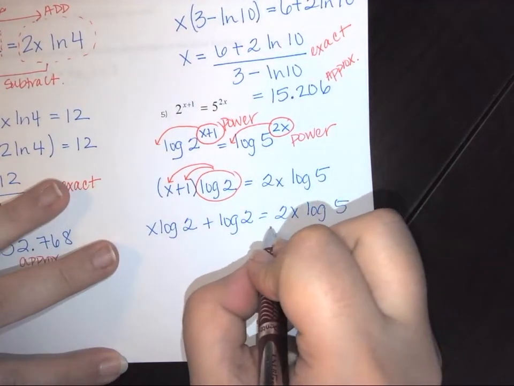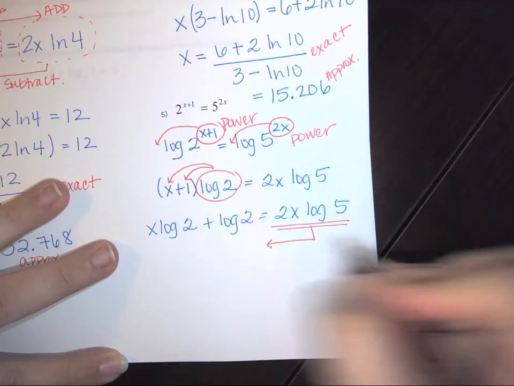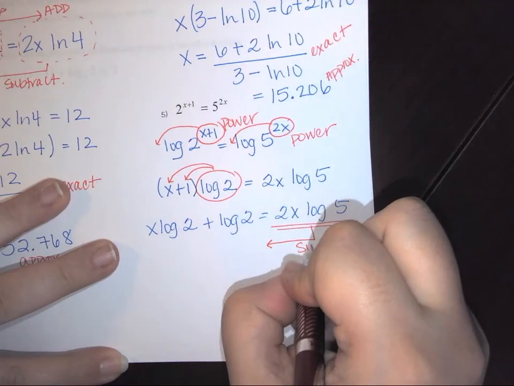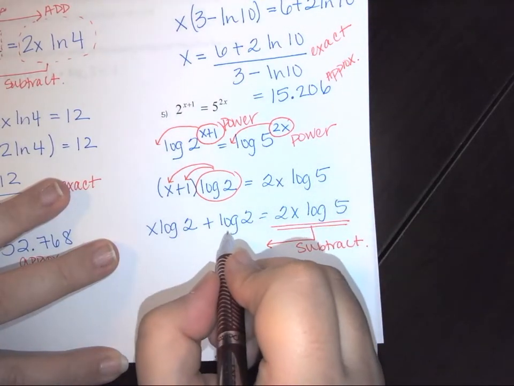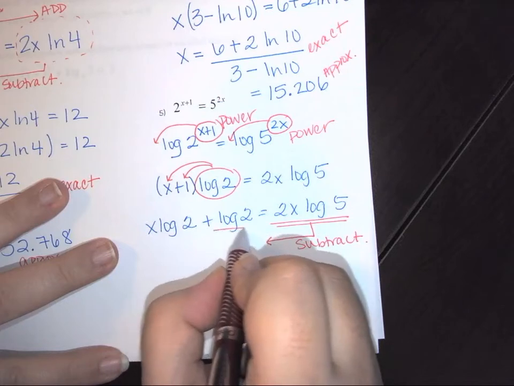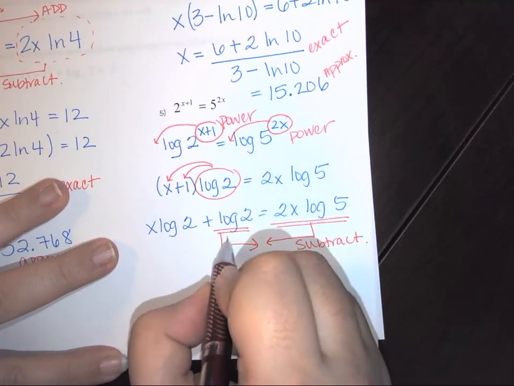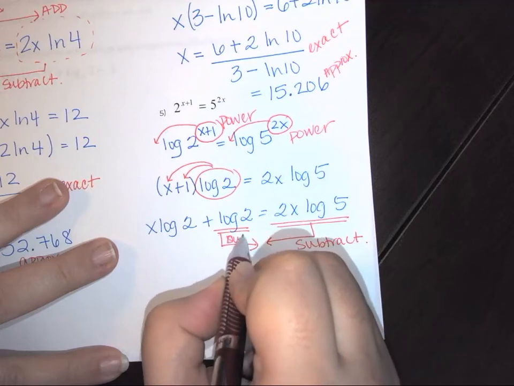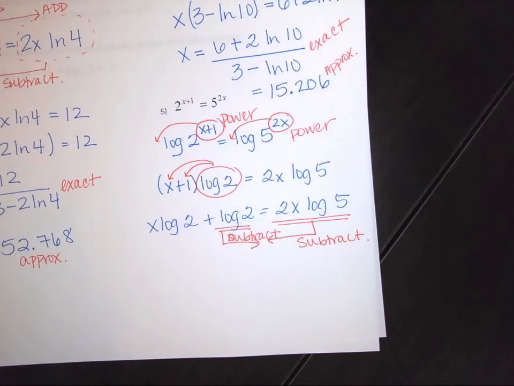I need to take my 2x log of 5 and move it that direction through subtraction. And I have to take this log of 2 and move it this way, again through subtraction. So we're going to subtract on both sides.